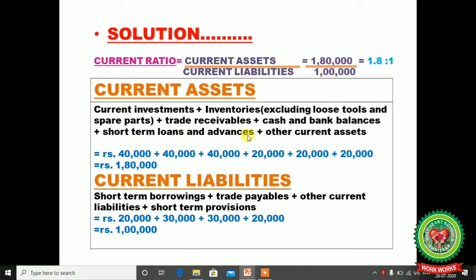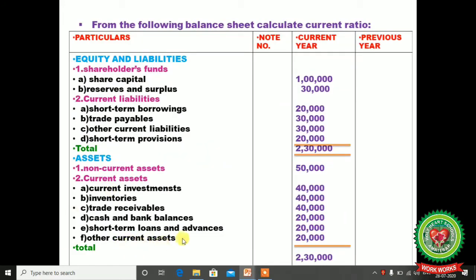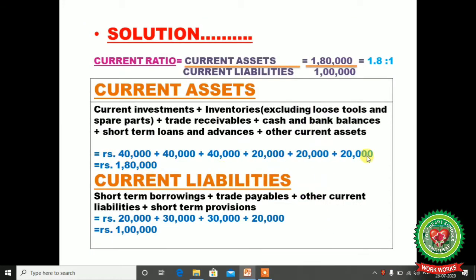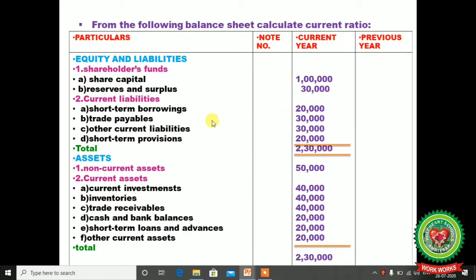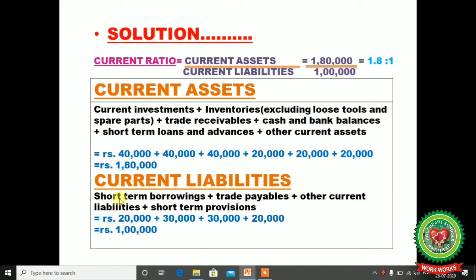After this, other current assets 20,000, so record 20,000 other current assets. Add all the items and total current assets is 1,80,000.